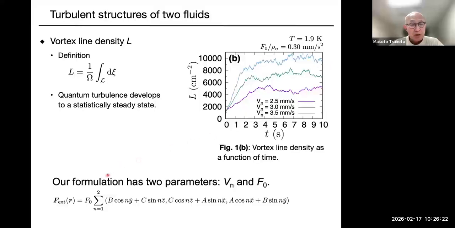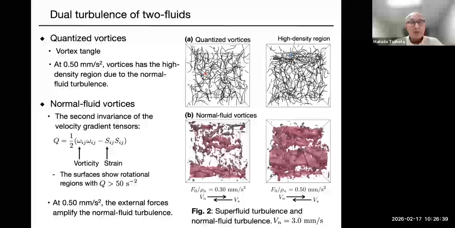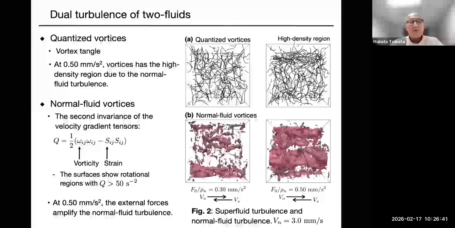And please note, our formulation has two parameters, Vn and F0. Vn refers to the average normal fluid velocity, and F0 refers to the strength of the ABC forcing. So this is the dual turbulence of the two fluids. The upper figure shows the vortex tangle.